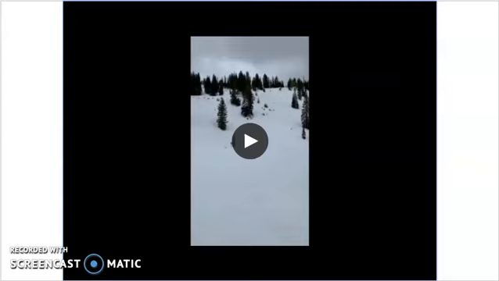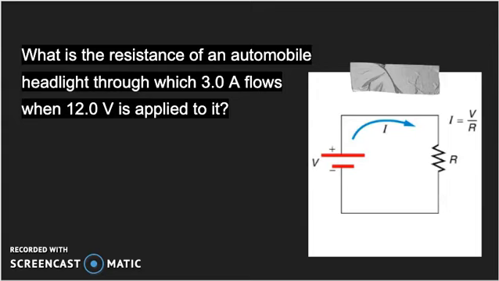So now applying this to a physics example, it says here, what is the resistance of an automobile headlight through which 3 amps flow when 12 volts are applied to it? We have a simple circuit drawn here to our right, and it shows us the voltage that supplies the current, and then we want to find out how much resistance is affecting that circuit.